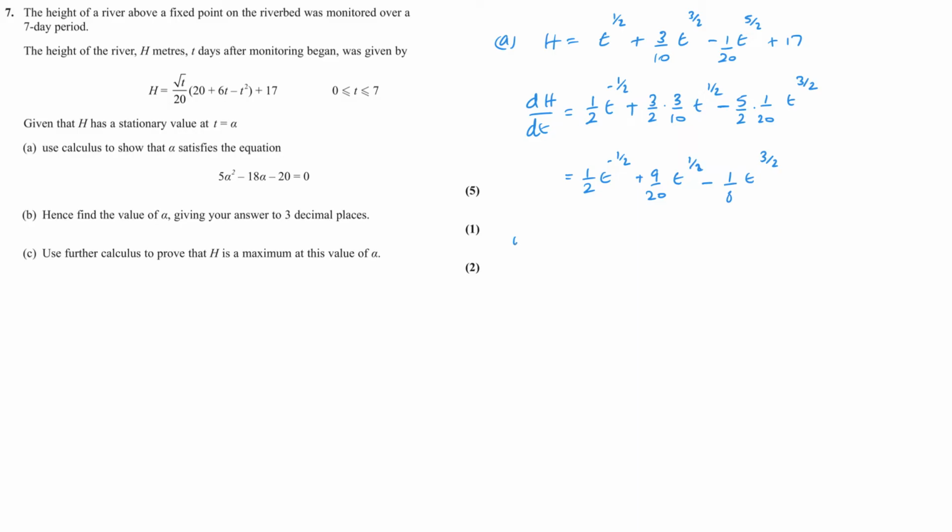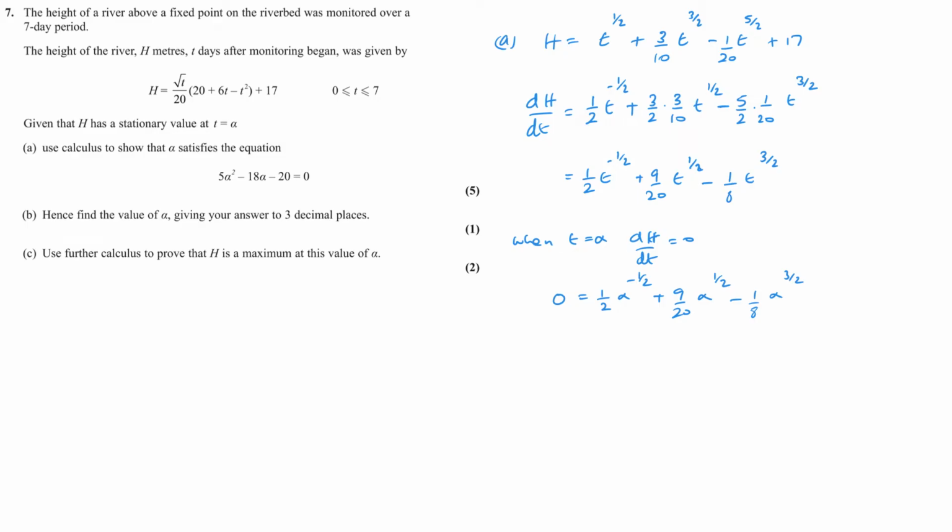Now, when t equals alpha, dh by dt equals 0. So that means 0 equals a half alpha to the minus a half plus 9/20 alpha to the half minus 1/8 alpha to the 3 over 2.